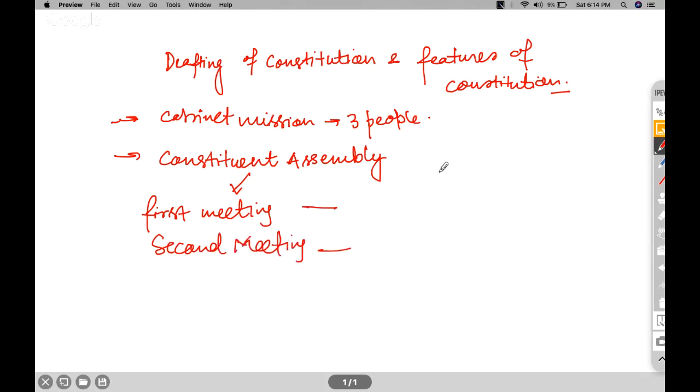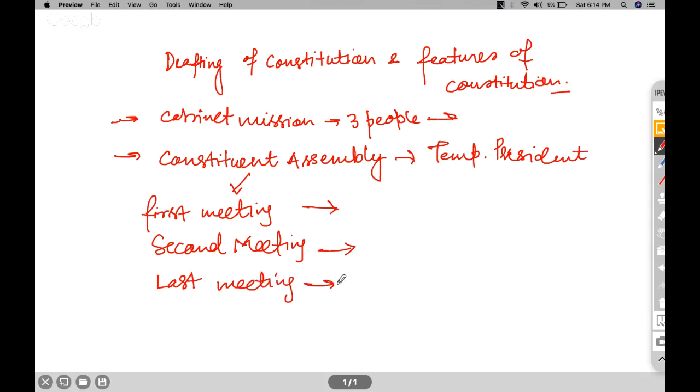Fill all these blanks, all of you. We had a temporary president, generally called first president, Mr. Sachidanand Sinha, and then we had the last meeting when the constitution was signed by members of the constituent assembly. Then we celebrated our Republic Day.